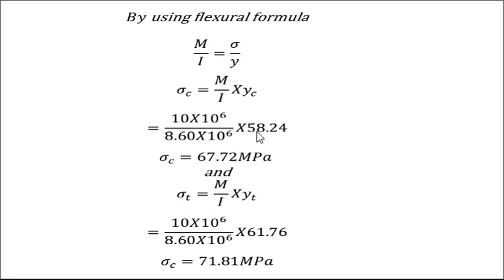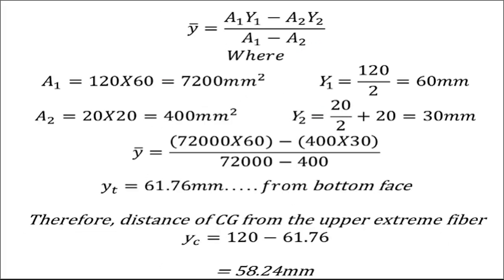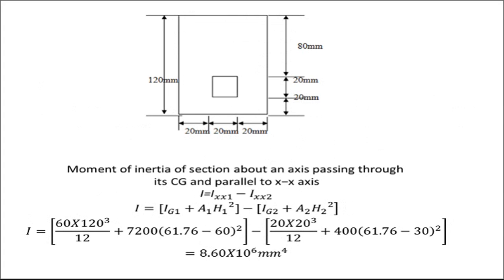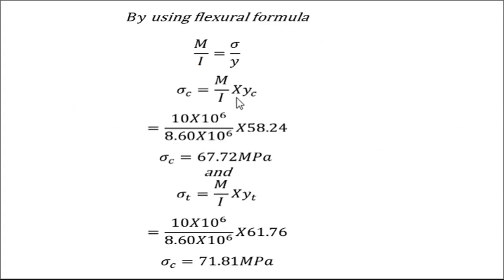So that distance is 58.24. We have determined this yc earlier. You can see yc is 58.24. If you put that yc value in this formula, the maximum bending moment is known, 10 into 10 raised to 6. I we determined as 8.16 into 10 raised to 6, and yc is 58.24. So now the sigma C value comes to 67.72.